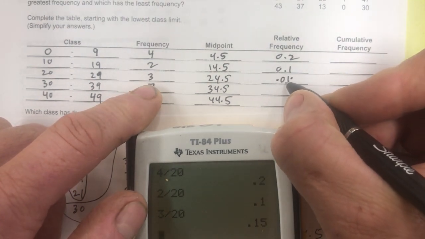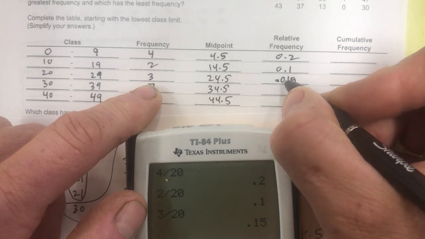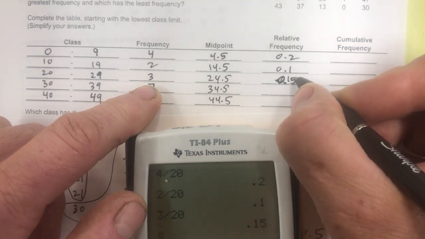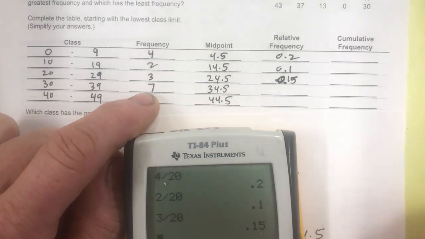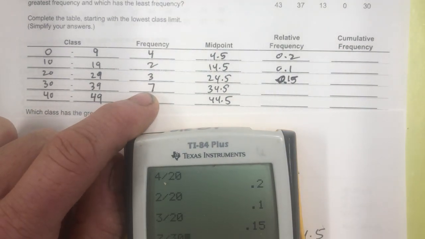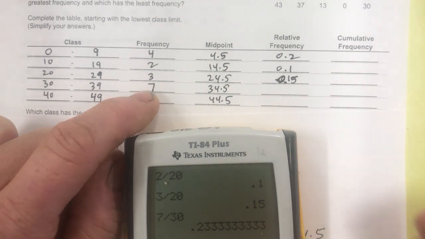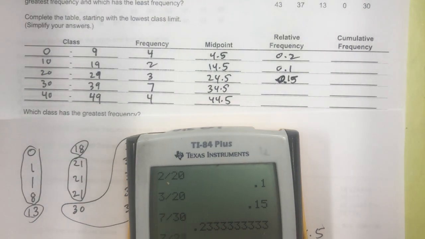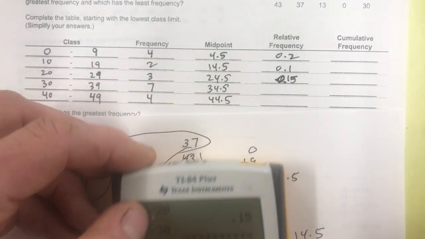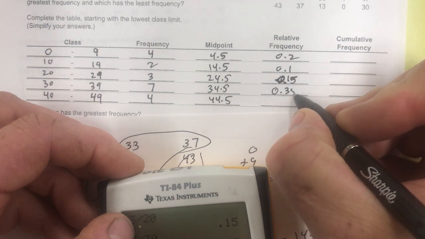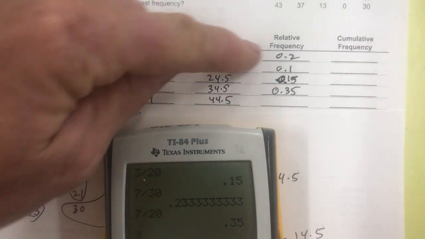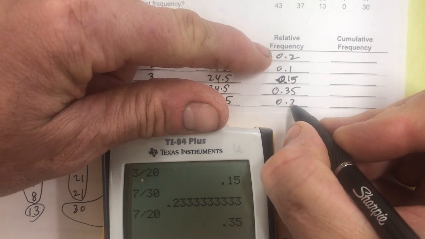Put my decimal there, it should be 0.15. I got 7 divided by 20, that's 0.35. And then I got 4 divided by 20 again, which would be the same as this one.